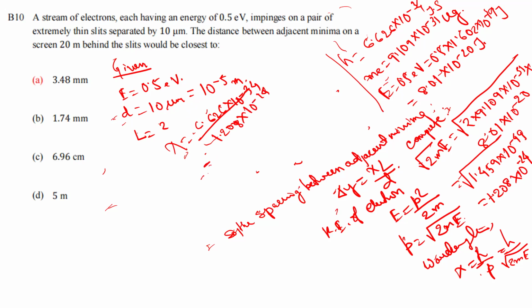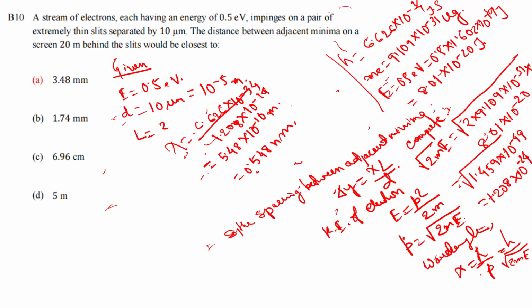So we get 5.48 into 10 to the power minus 10 meter, or 0.548 nanometer.